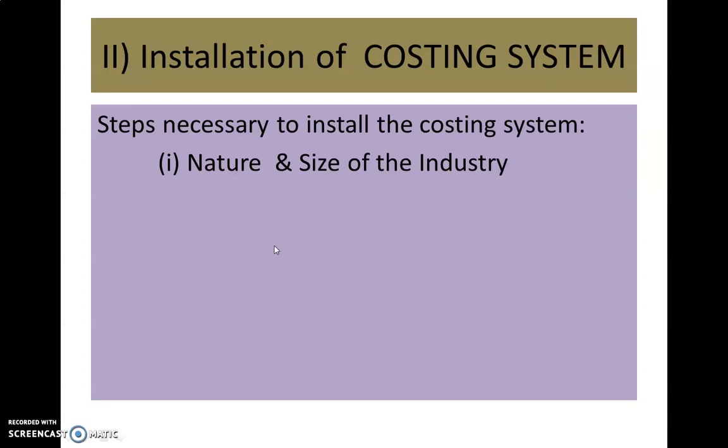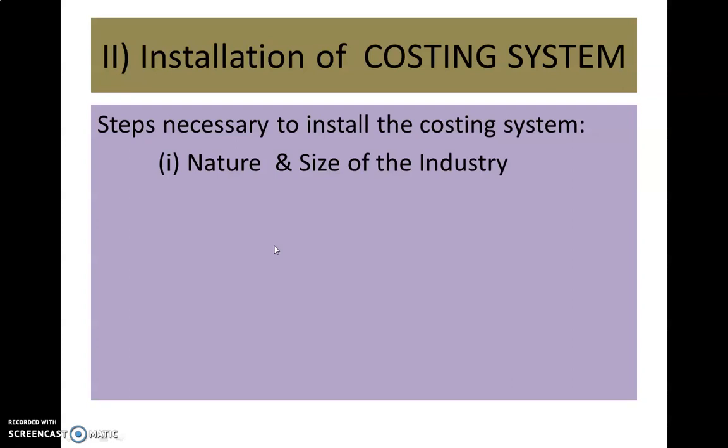Another factor to be decided is whether a separate set of cost books and financial books are to be maintained or an integrated accounting system is to be followed. This depends on the nature and size of the enterprise and the existing accounting system.